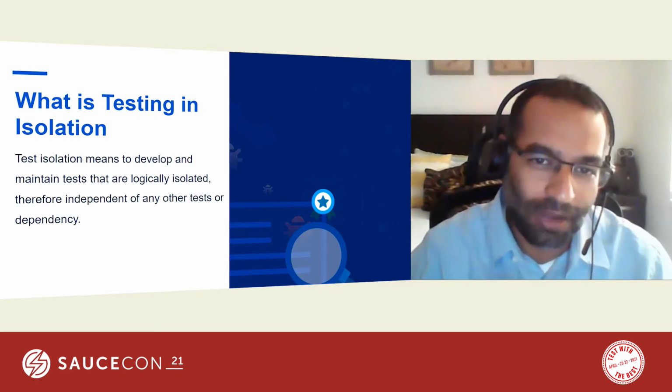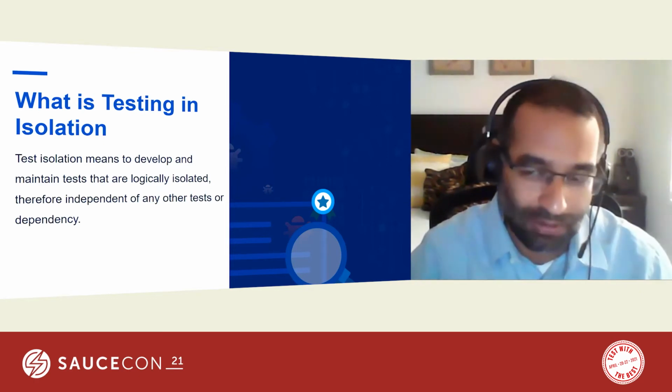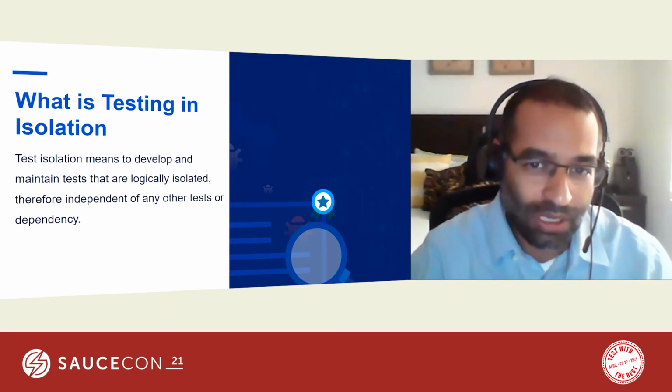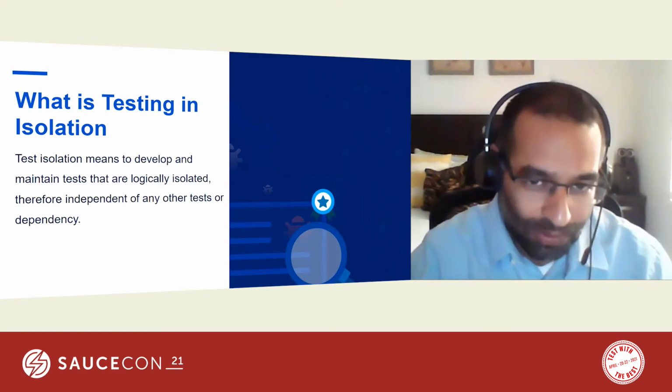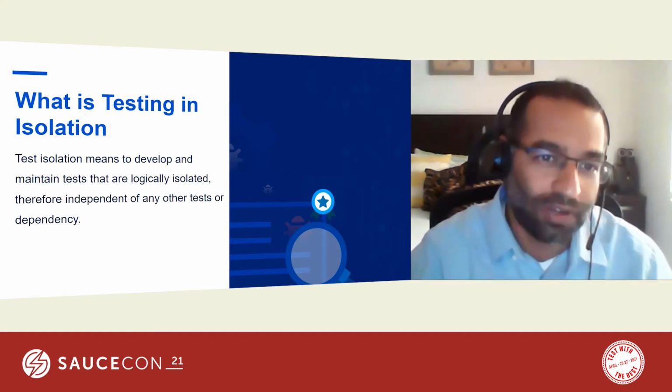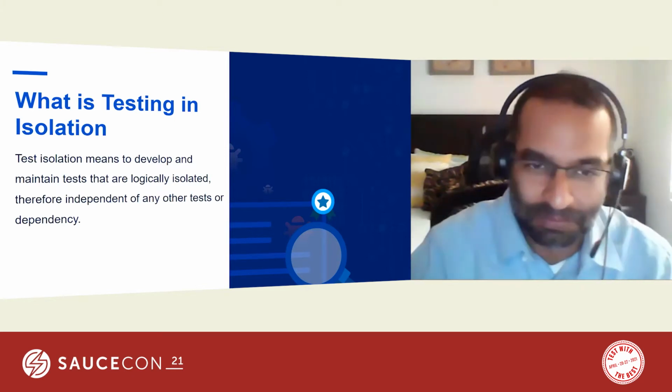With this you achieve many other things: reliability, less flakiness, fewer false positives, and all those things you hear about a lot of the time. You achieve all these goals with testing in isolation in practice.